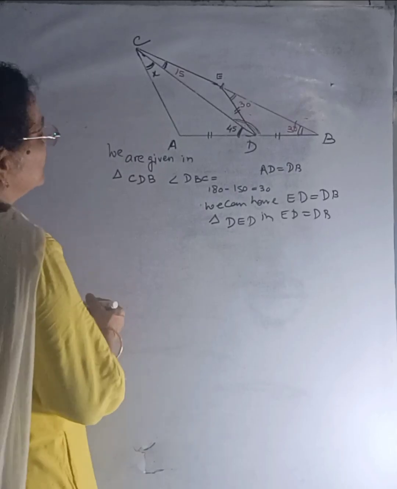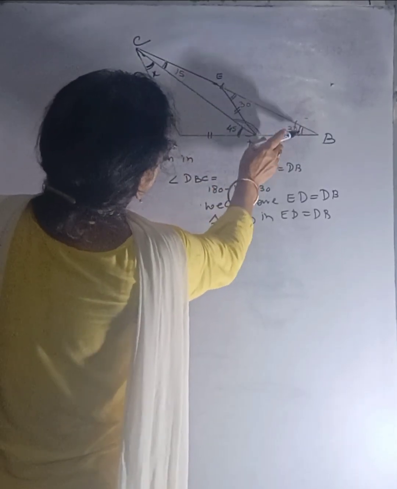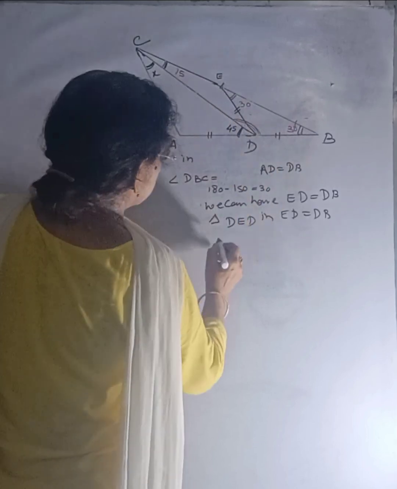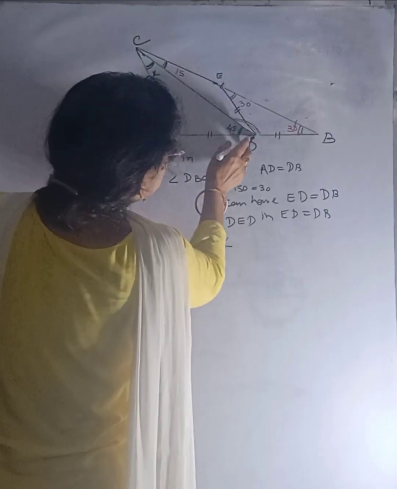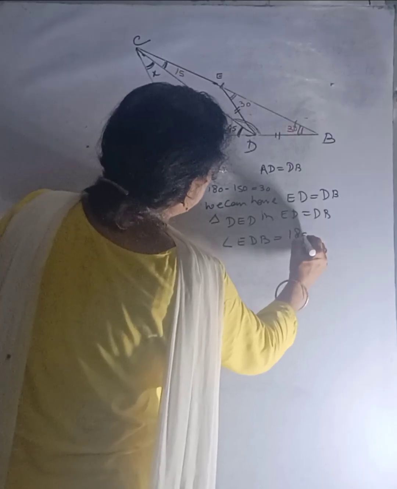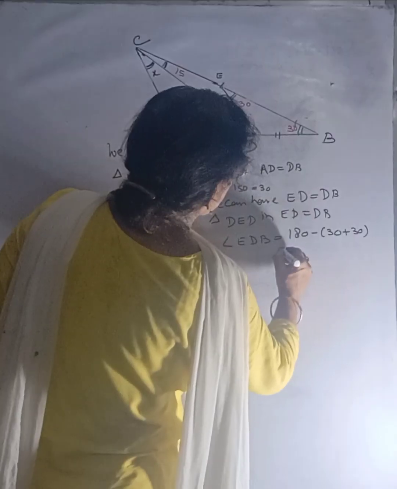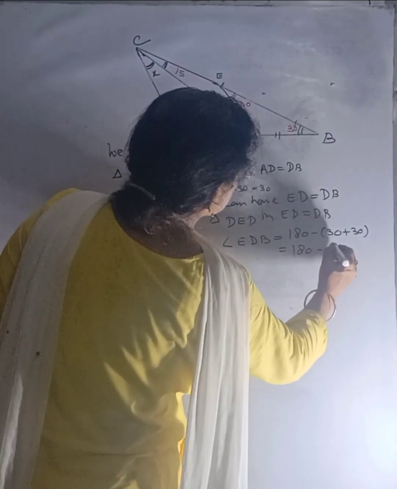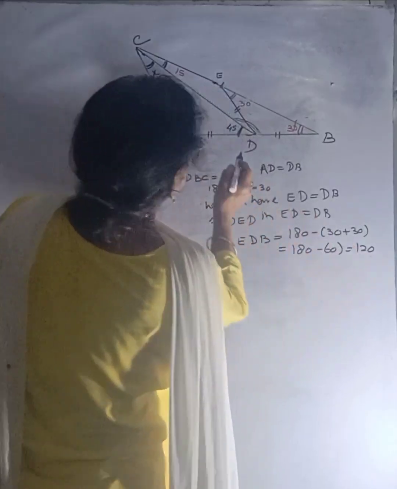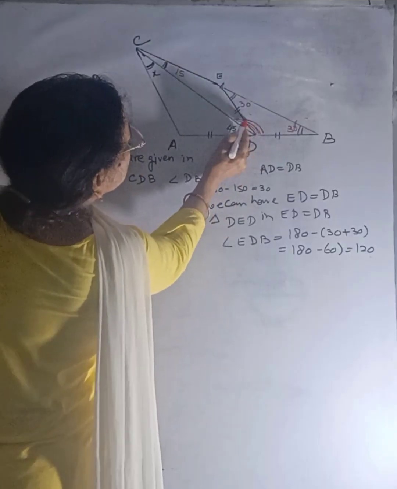And hence this is 30, this is 30. In this triangle EDB, this is 30, this is 30. That angle EDB will be equal to 180 minus 30 plus 30, that is 180 minus 60, that is 120. This portion will be only 120.